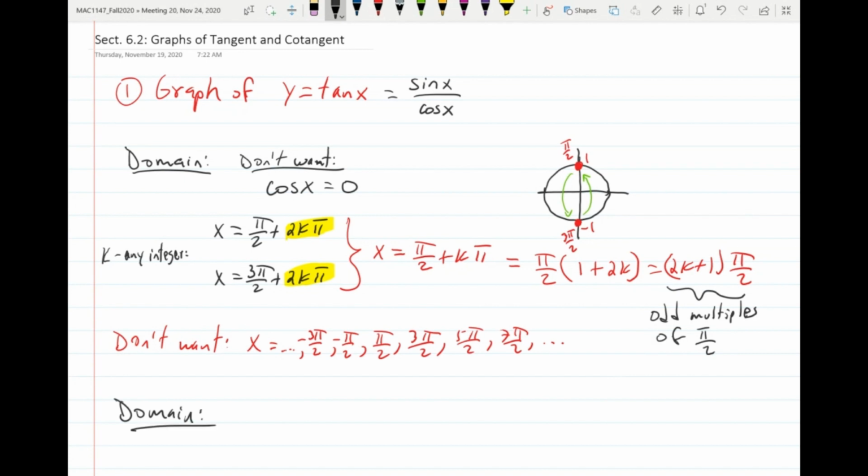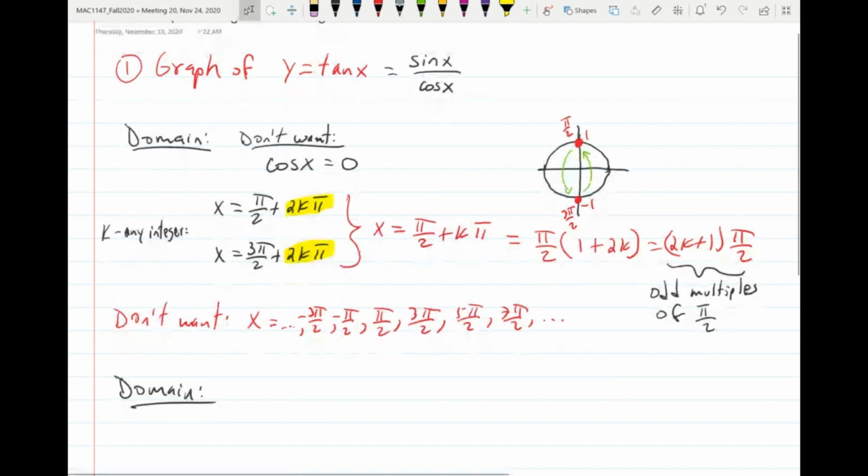Again, it's very easy to read this description from this formula right here. Remember, 2k plus 1 is a way of talking about odd numbers, okay? So it means odd multiples of pi over 2. So the domain would be all real numbers x, such that x is different than pi over 2 plus k pi, where k is any integer.